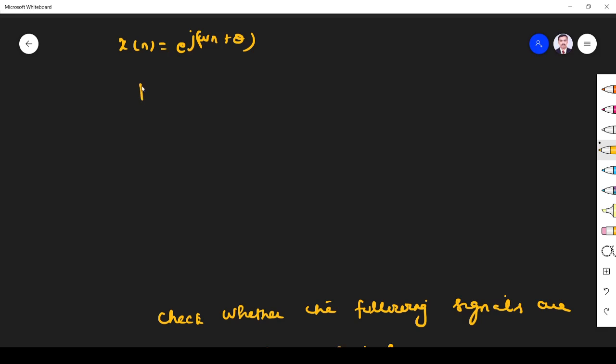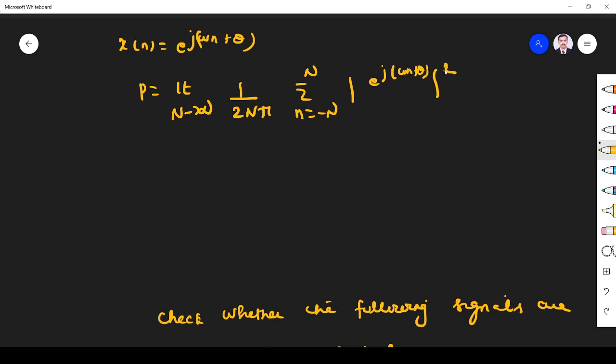First we find power. Power is given by limit n tends to infinity 1 by 2n plus 1, summation n goes to minus n to plus n, modulus of x of n squared, which is modulus of e power j omega n plus theta whole squared. I told already that modulus of e power j theta is always 1.